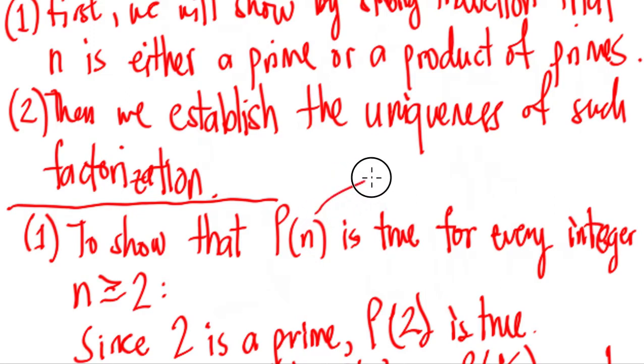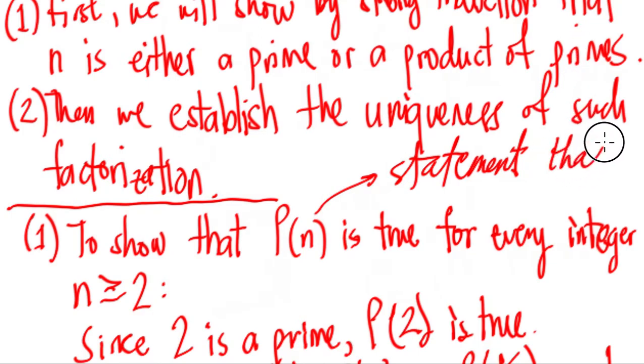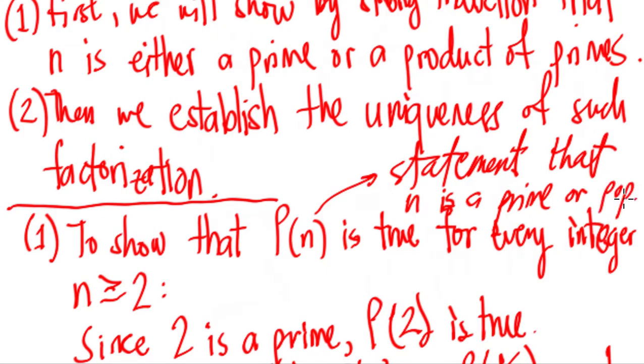So P of n is a statement that n is a prime or a product of primes. It is true for every integer n greater than or equal to 2.